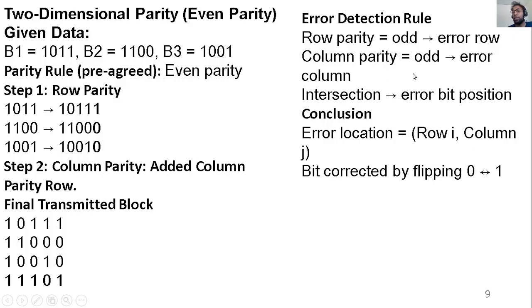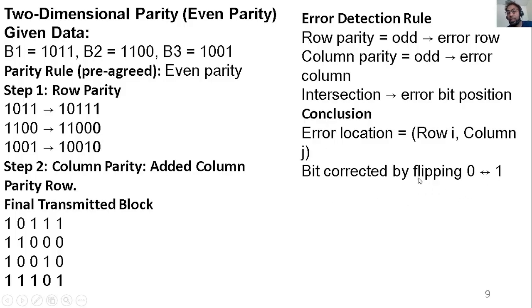If the column parity is odd, then obviously there is an error in that column. If we take the intersection of both, we get the exact bit position that has changed. The conclusion: error location is row i, column j, and the bit is corrected by flipping it, 0 to 1.